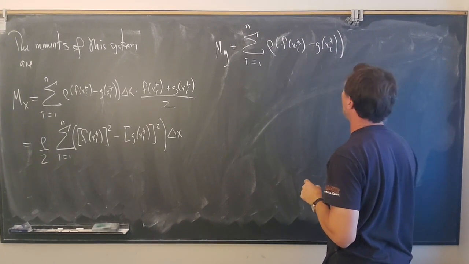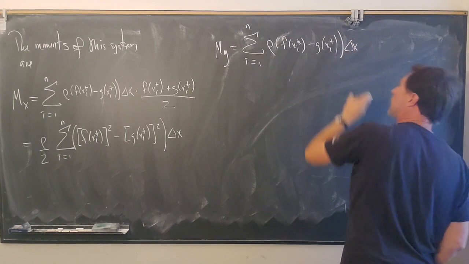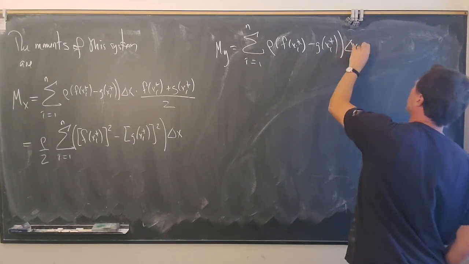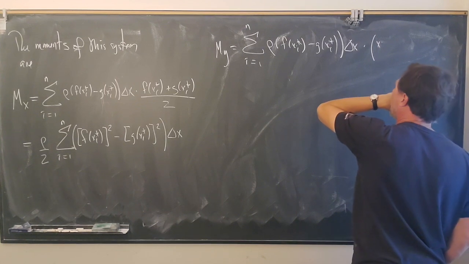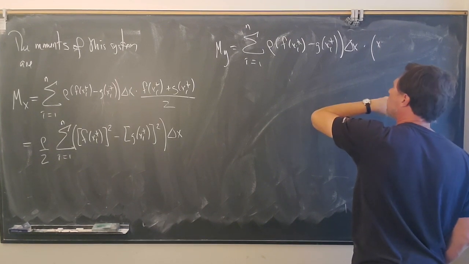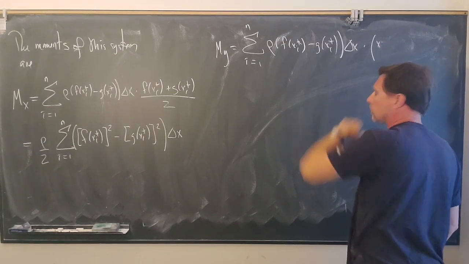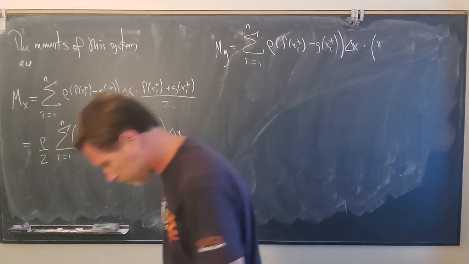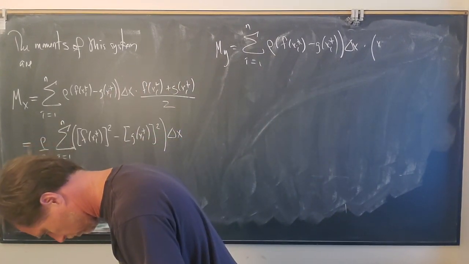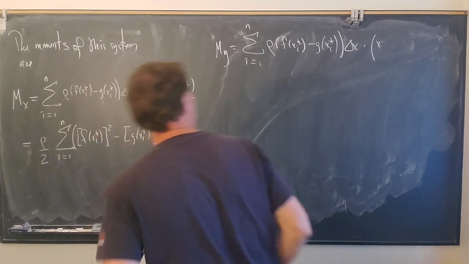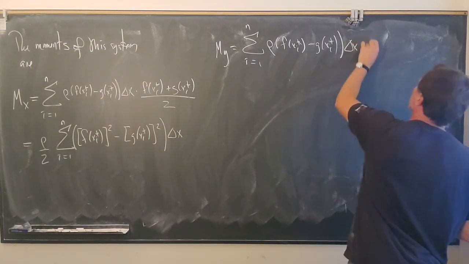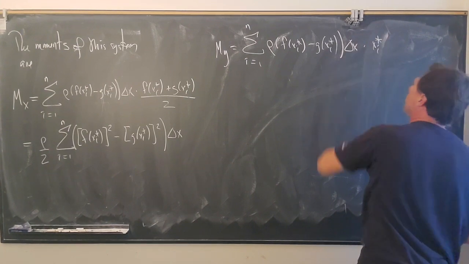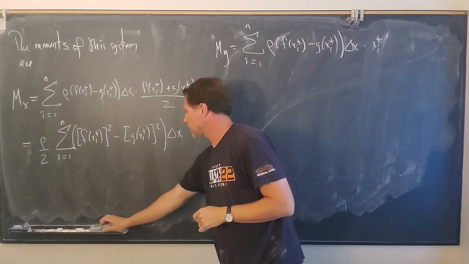And the x coordinate is... so this will be a x. Oh, right. It's just xi star. Yes, it's the midpoint, but we're calling it xi star, so that's what I need for the formula.